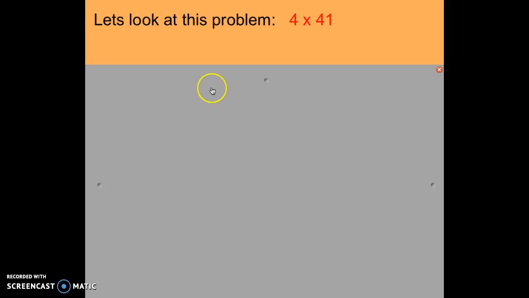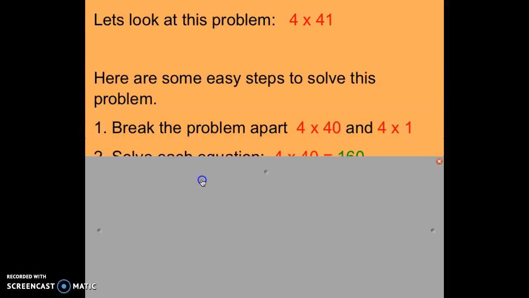So the first method I'm going to show you is we're going to start by breaking the problem apart. I'm going to look at this number and think of it as 4 times 40 and 4 times 1. We practiced these yesterday using our mental math, and we know that 4 times 4 is 16.